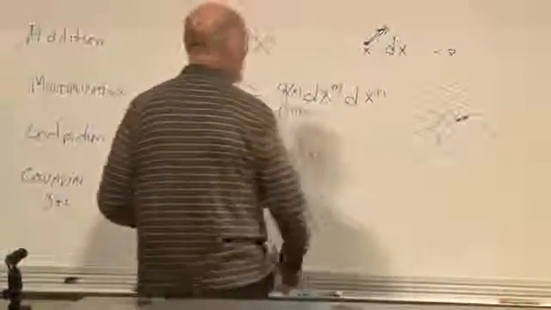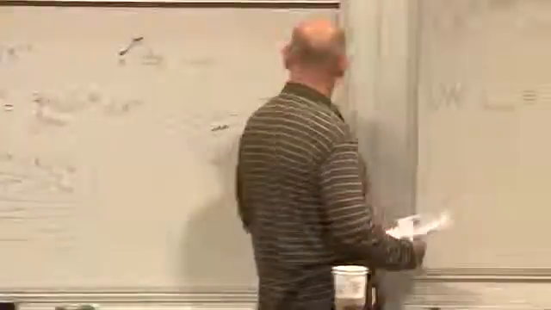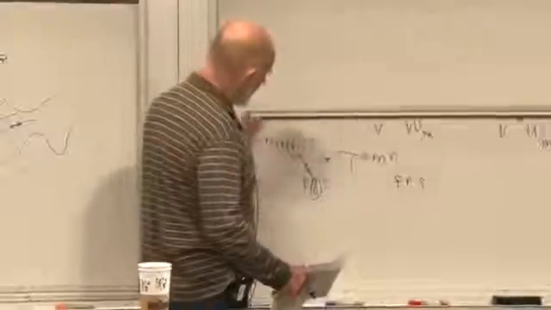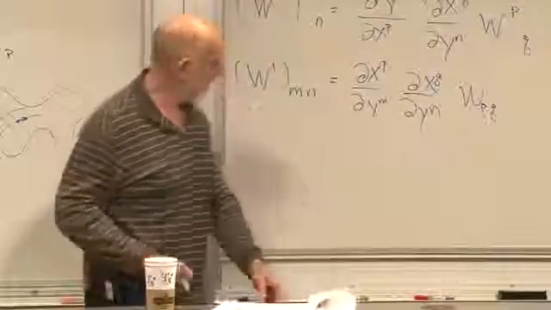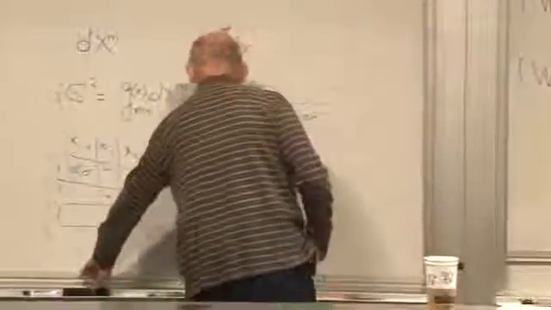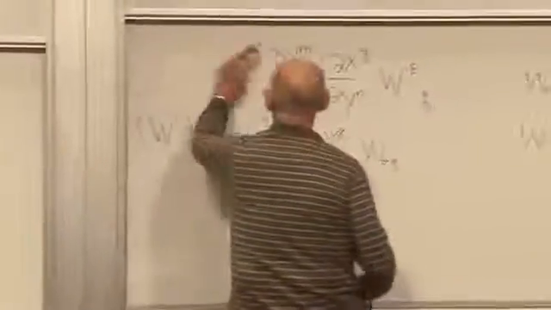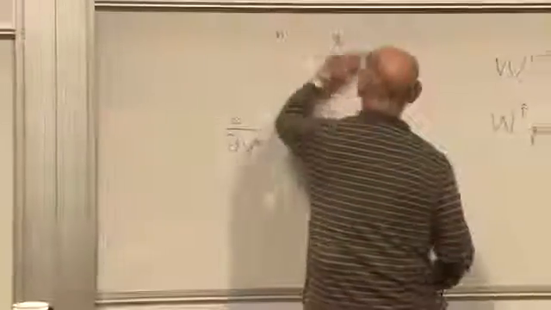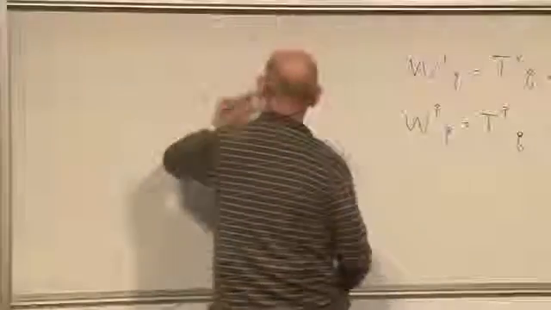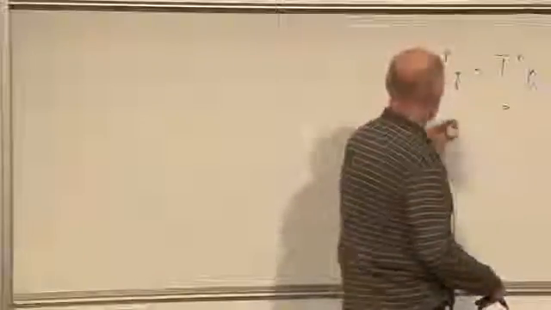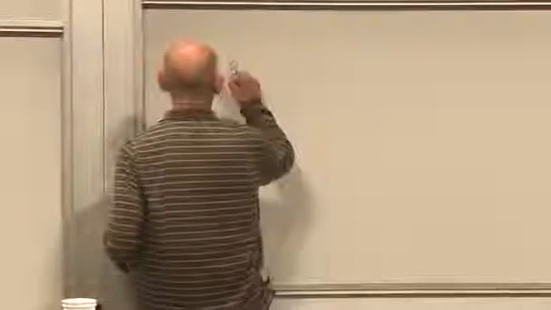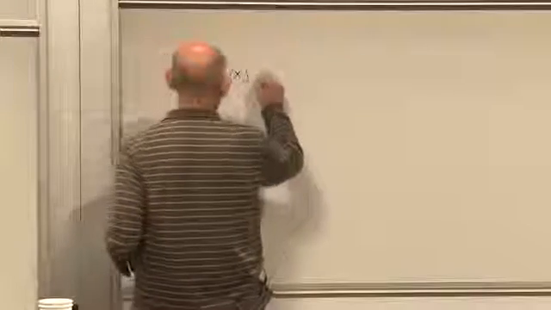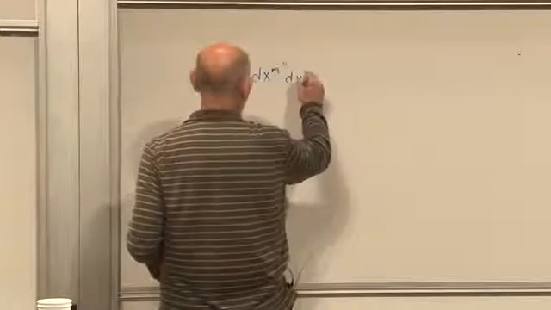Okay? So, let's go from x coordinates. All right, so the length of the little dx vector, I'll write it again, the squared length is g_mn(x) dx^m dx^n.